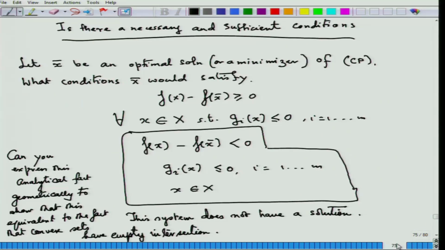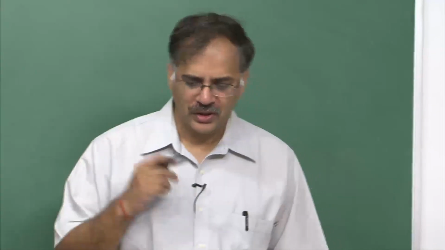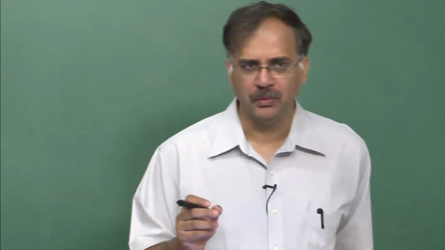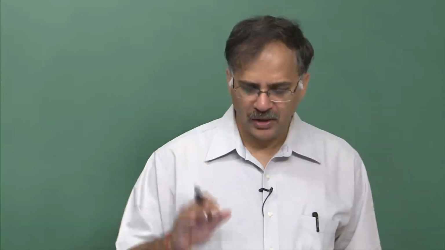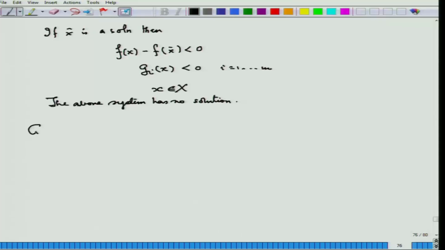So, you see if this system has a solution, then it is obvious that this system has a solution. Why have I taken off the equality here and made it a strict inequality? Because that allows us to apply the separation theorem in a much easier form. Instead of really applying the separation theorem, whatever we need can be put into the form of a result called Gordan's theorem of the alternative.